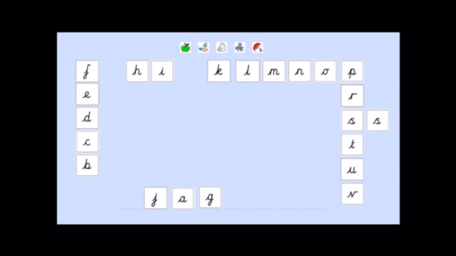Let's change it to jug. We'll put the A away and get the letter U. Jug. And now I think we're going to change it to jog. So let's put the U away, get the letter O.